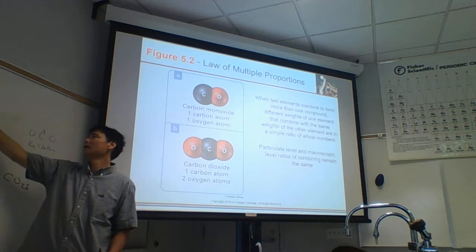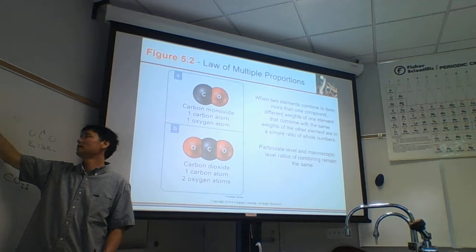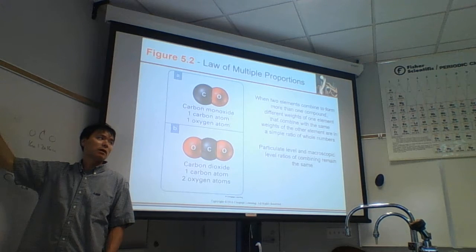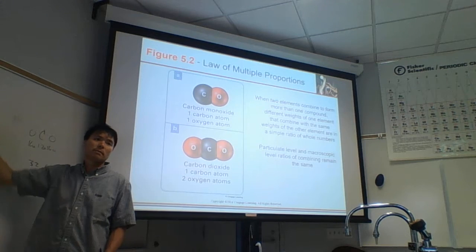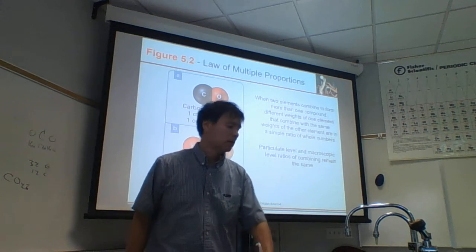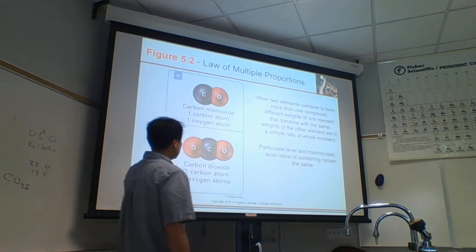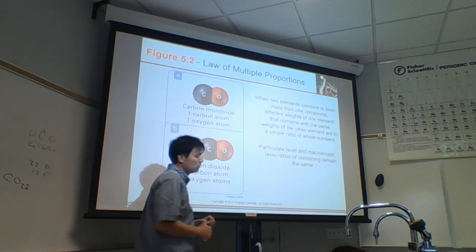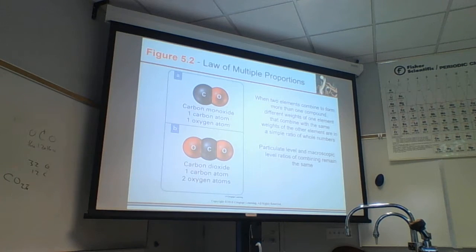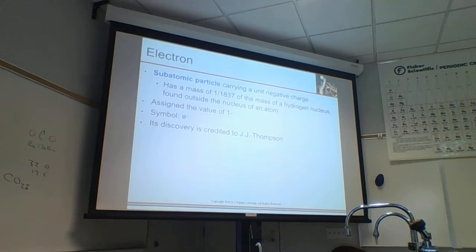I said about 11% hydrogen, 89% oxygen by weight. So again, we don't use the weight ratios, but the weight ratio would stay fixed, and the weight ratios would be different here. That's one way of determining it. Your book talks about the weight ratio, which we will talk about a little bit later.